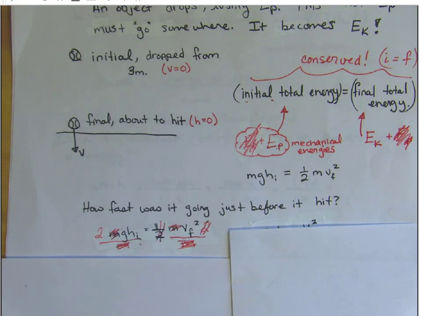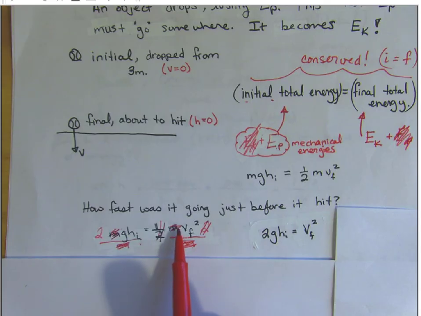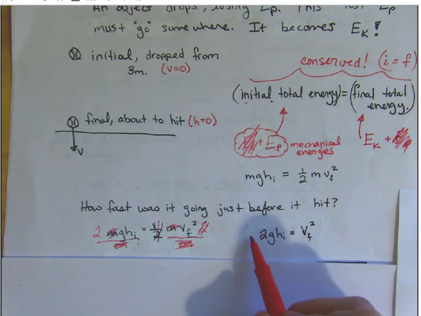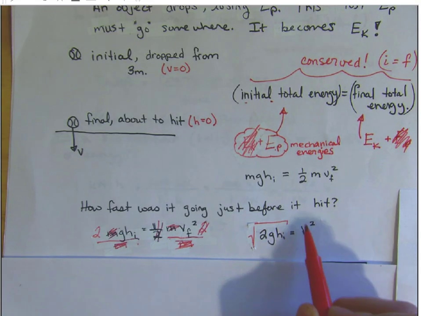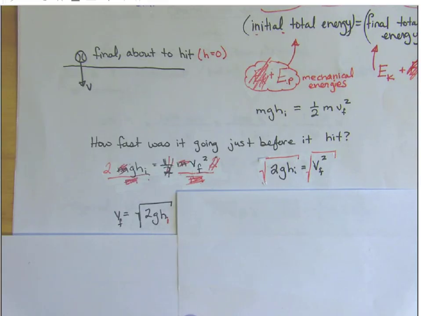So then just rewriting it, I have 2ghi is basically just equal to the final speed squared. But if I just want to know the final speed, I should take the square root of both sides. So then the final speed is going to be equal to the square root of 2 times g times the initial height.